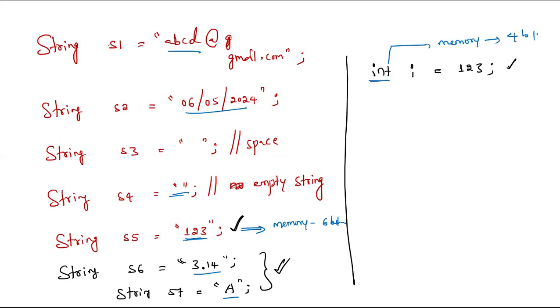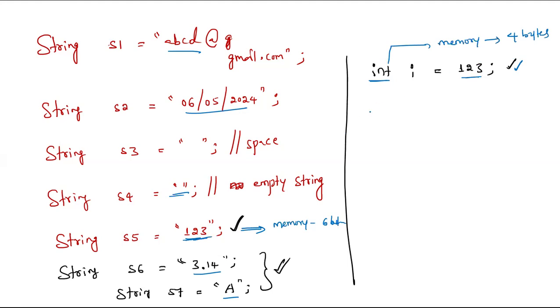So if the same value is stored using int and string, which consumes less memory? Int. Consuming less memory is a good programming skill, so that is one reason to go for integer over string.